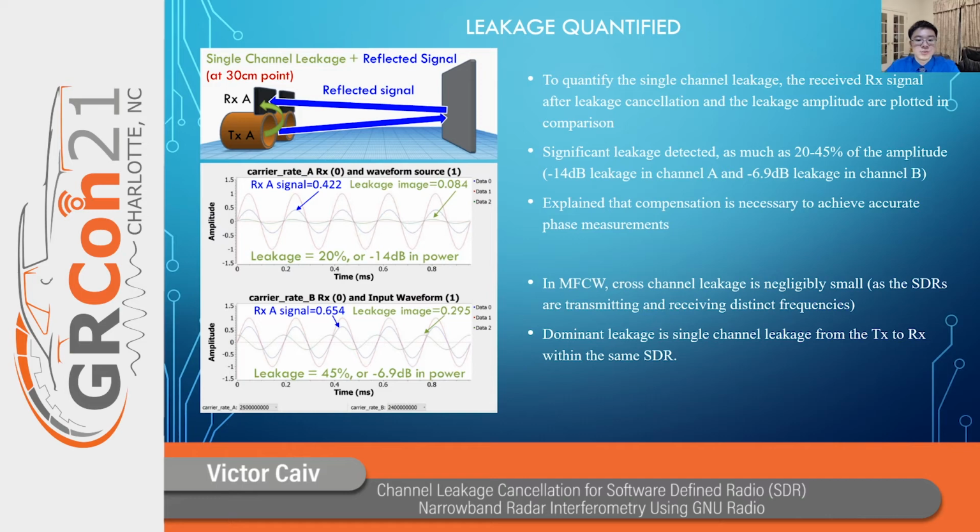Here's a test we conducted to quantify the amount of leakage. In this case, after we do the leakage calibration from the previous slide, we can add back the target now. And that adds back this reflected signal from the transmit into the receive. And then we can actually compare the receive signal with the leakage image. So again, in these charts, the red is the transmit, the blue is the receive, and the green is the leakage compensation.